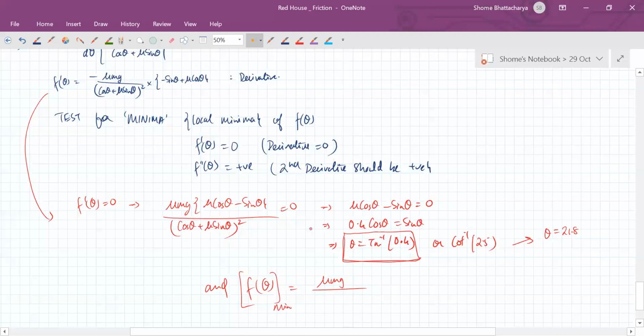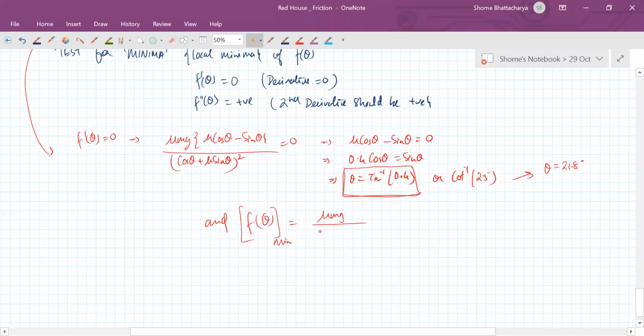So this will become cos of 21.8 degrees plus 0.4 times sine of 21.8 degrees.